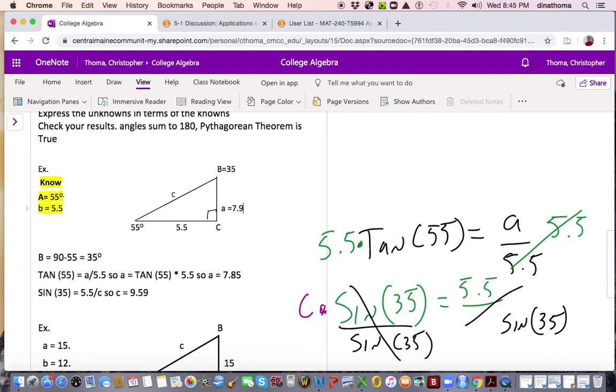Those cancel, so C equals 5.5 divided by the sine of 35. In your calculator, I do 5.5 divided by sine of 35, and I get 9.59, which means C equals 9.6.